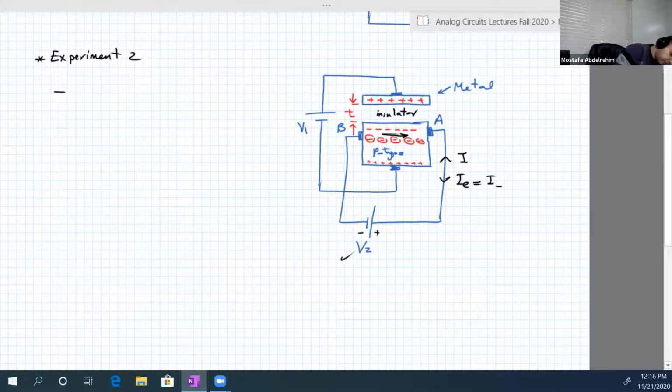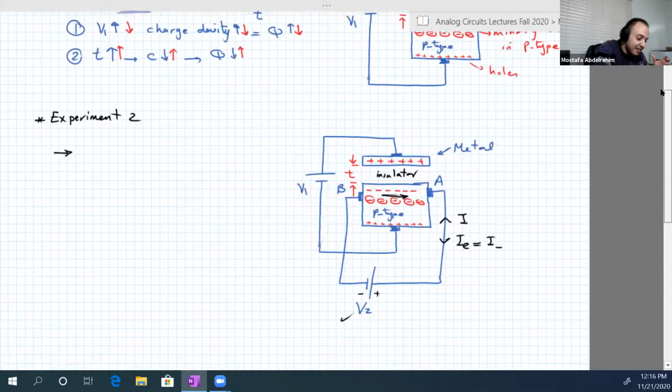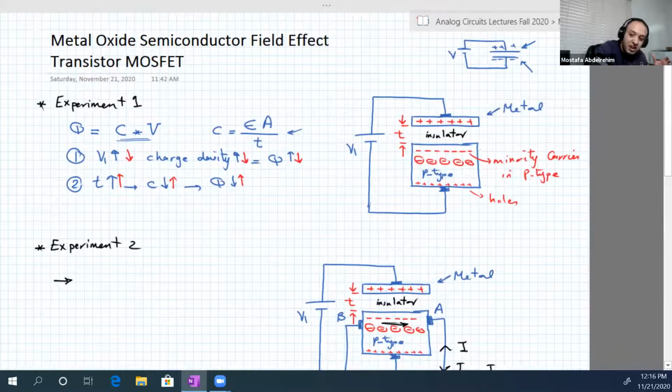Now we can use V2 to make these static charges move. In the beginning, these charges are not moving, they are static. They are not forming a current.